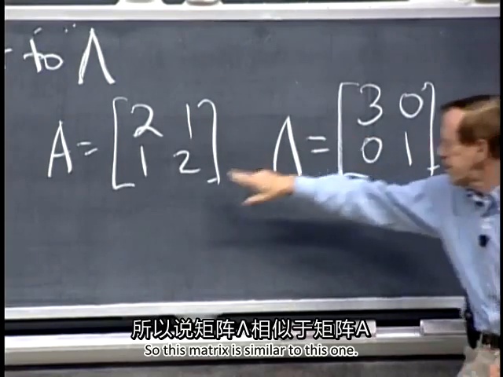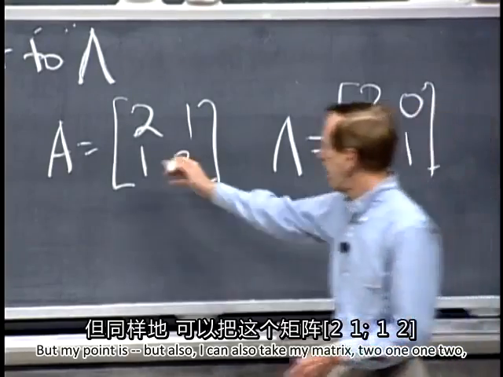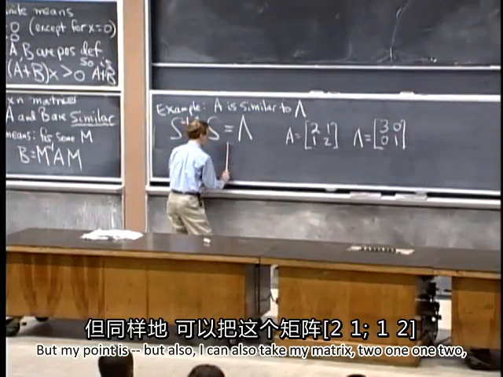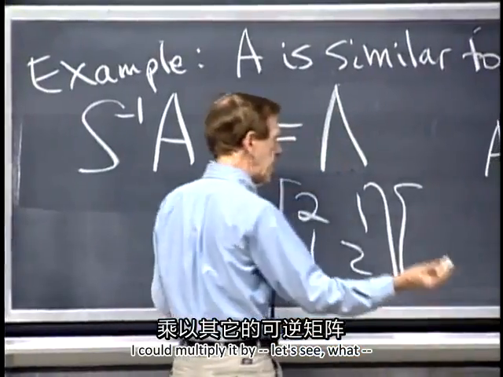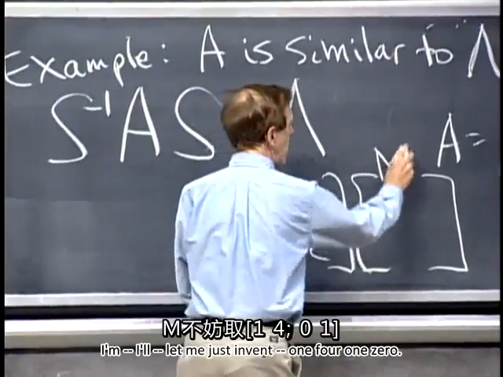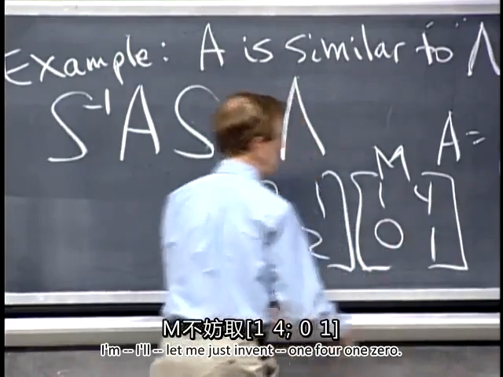So this matrix is similar to this one. But my point is, I can also take my matrix 2, 1, 1, 2. I could multiply it by, I'm just going to cook up a matrix M here. Let me just invent 1, 4, 1, 0.